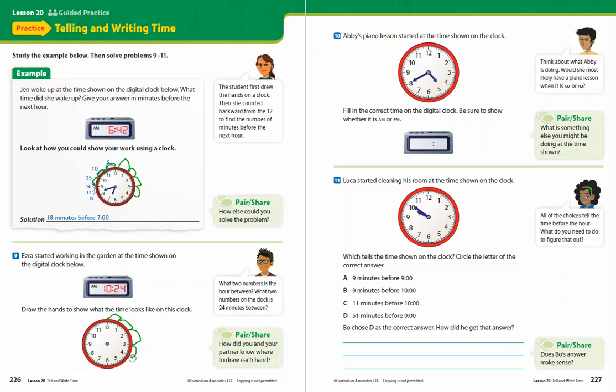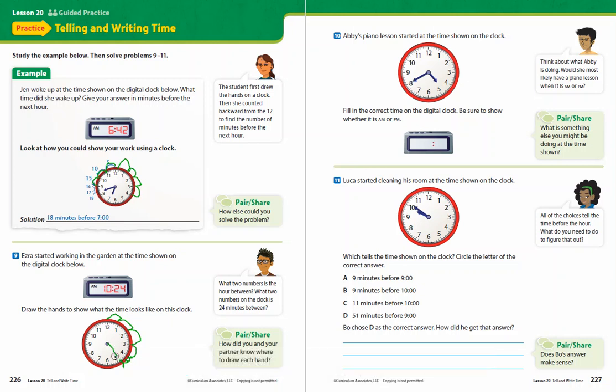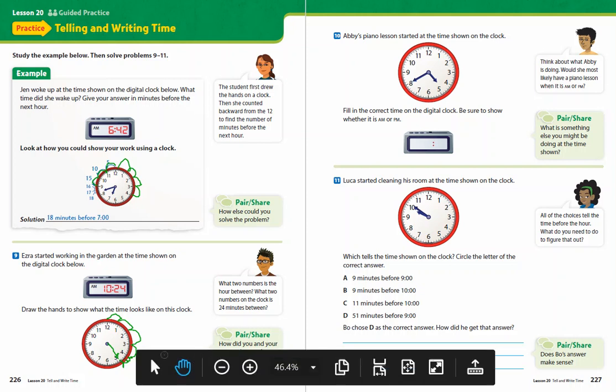So there's 20, 21, 22, 23, and last 24. So my minute hand is going to be right by my 5, but not quite on my 5 yet, because my 5 would be 25 minutes.